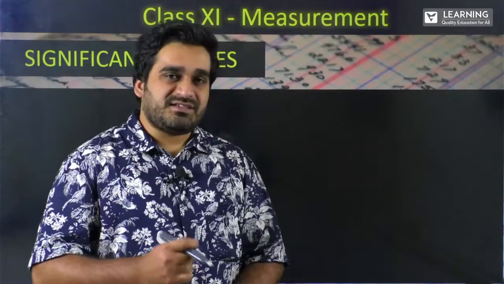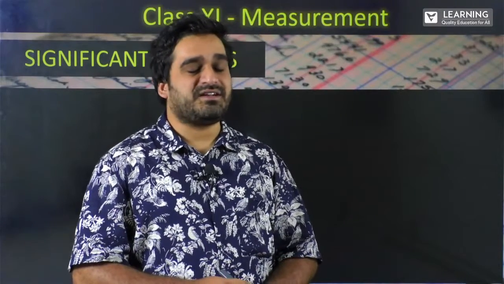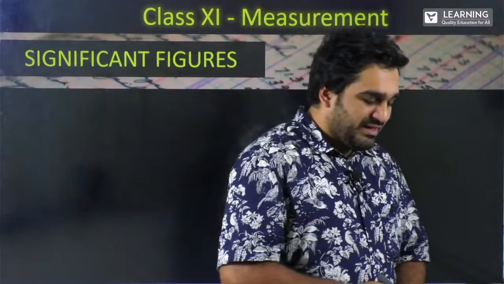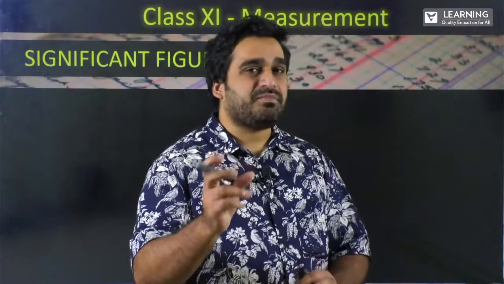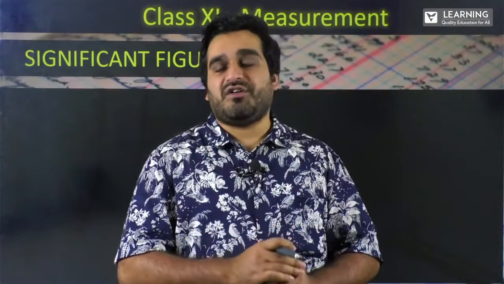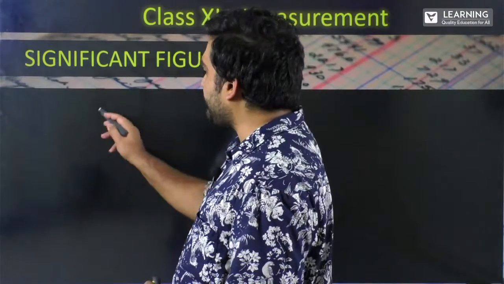Now, if such errors can occur, is there any possibility that we can eliminate those errors? Certainly there are ways. Especially when dealing with a number with a certain precision, we need to stick to the precision of the given instrument. An example: a ruler has a precision of 0.1 centimeter.